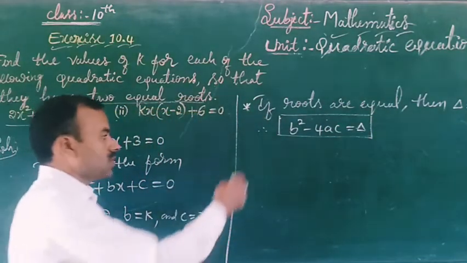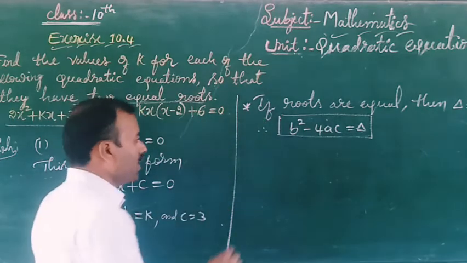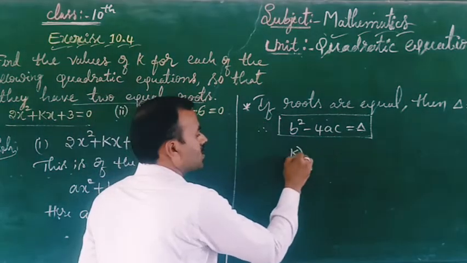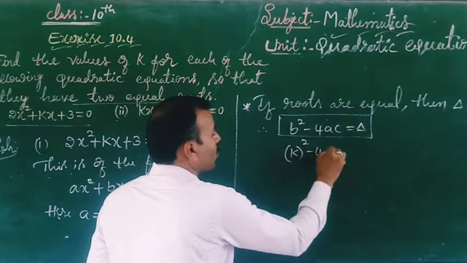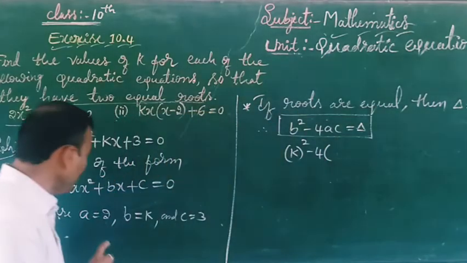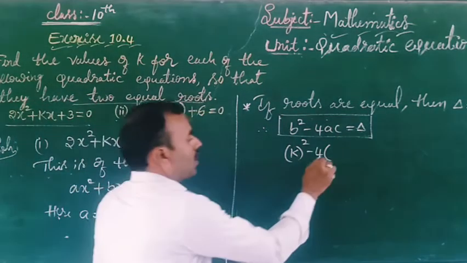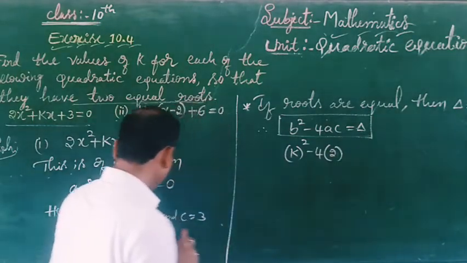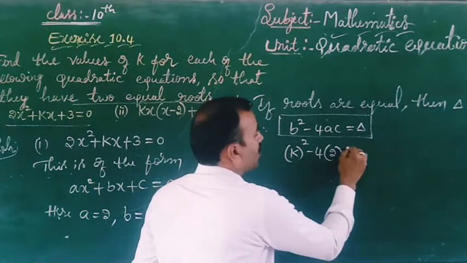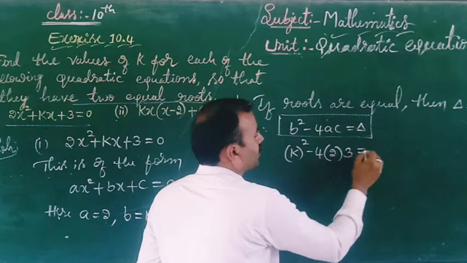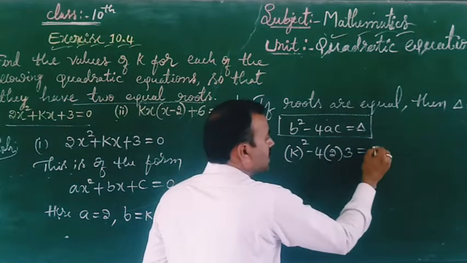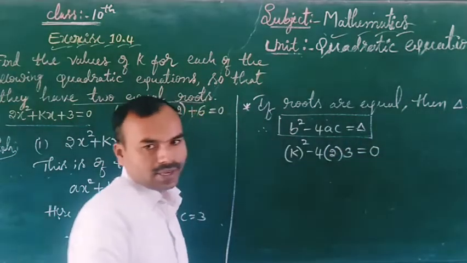So put the values in the discriminant. b is k, so k squared minus 4 into a value 2 and c value 3. Delta equals 0, roots are equal.